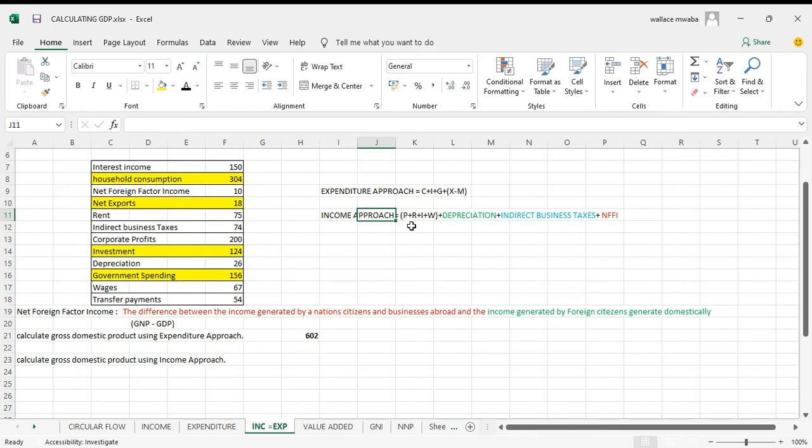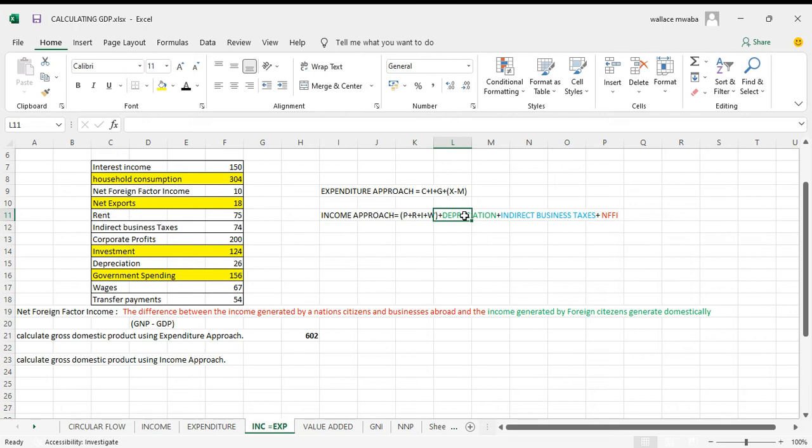The national income represents the income received by the citizens of the country in the form of profits for providing entrepreneurship, rent for providing land, interest for providing capital, and wages for providing labor. So that would be profits plus rent plus interest plus wages. That's our national income. Then we're going to make some adjustments so that our income equates to our expenditure.